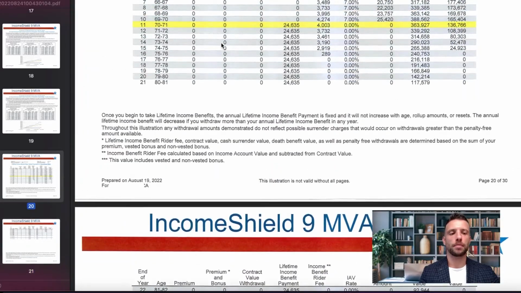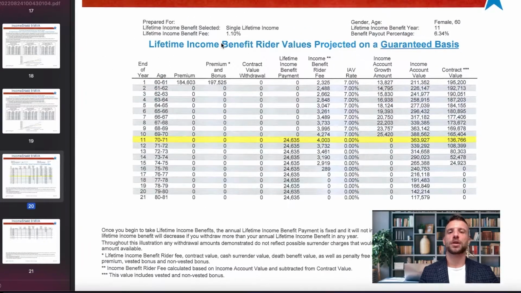It's important to keep in mind that the cash in these accounts, your contract value, is a different balance than your income base. Typically, the guarantees that these annuities provide is on the income base, and the income base, you can only get access to it via your distributions, your guaranteed income stream.